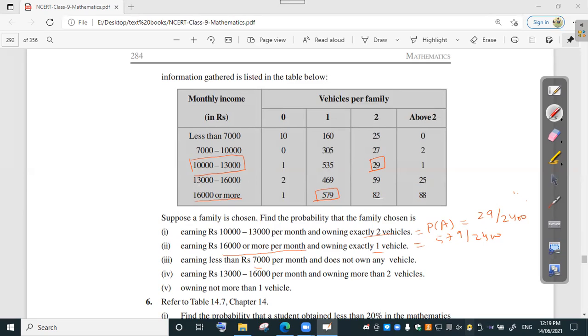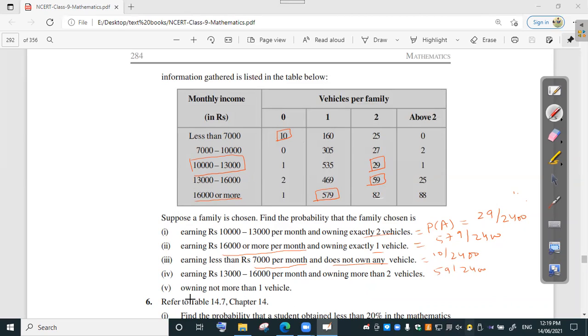Similarly, earning less than 7,000 per month and not owning any vehicle: less than 7,000, zero vehicles is 10. So this will be equal to 10 by 2,400. You can write it in the simplest form. And then 13,000 to 16,000 owning two vehicles is 59. So 59 by 2,400.